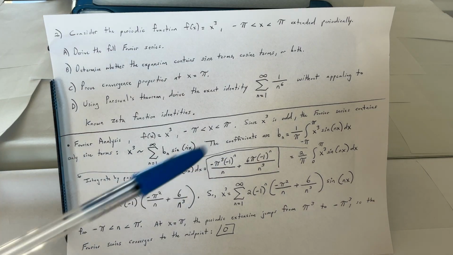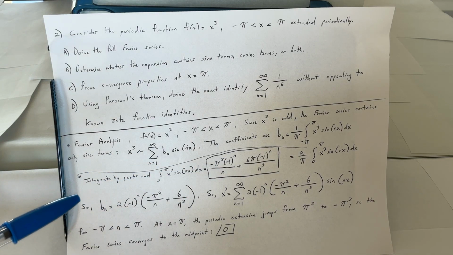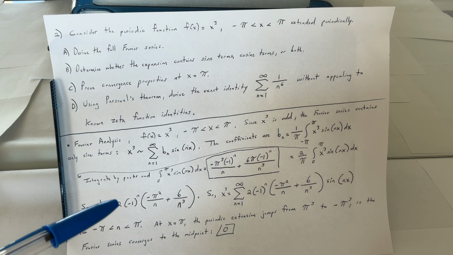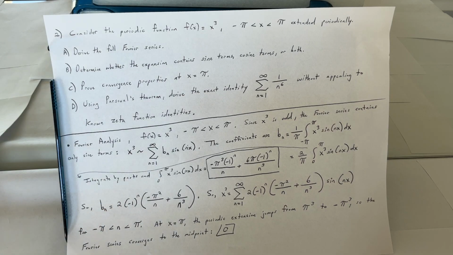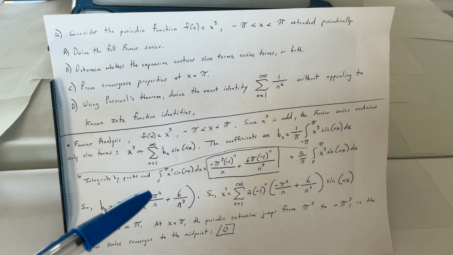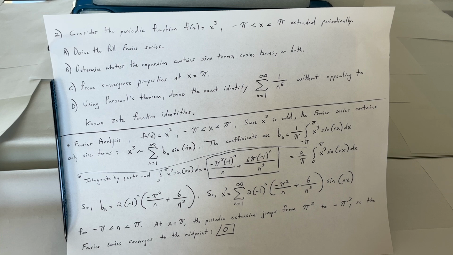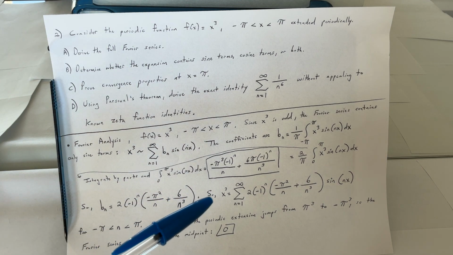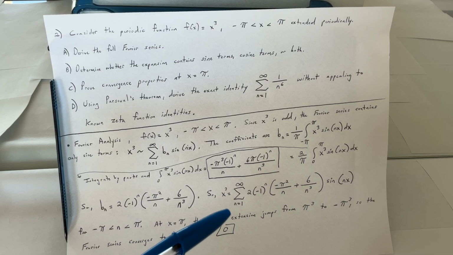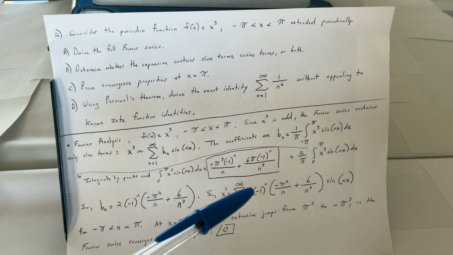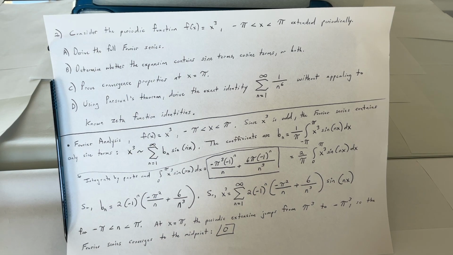So, building on that, b sub n equals 2 times negative 1 to the n, times the quantity negative pi squared over n plus 6 over n cubed. And from there, x cubed equals the sum n equals 1 to infinity of 2 times negative 1 to the n, times the quantity negative pi squared over n plus 6 over n cubed, sine of nx, for negative pi less than x less than pi.